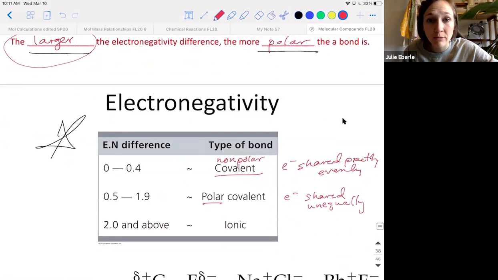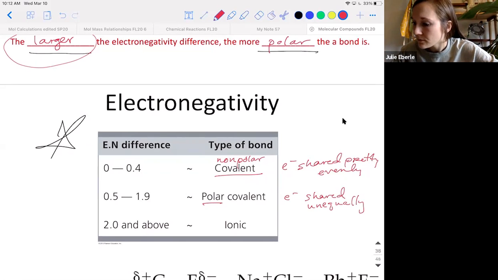Ionic bonds have extremely large ones. So on this question, if you have a bond that is non-polar, and then polar, and then ionic, the one that's ionic has the largest difference, and you would list that as the most polar. It's so polar that it's ionic, so if you have one that's ionic, that's going to have to be your choice, because the electronegativity difference is bigger than any of your polar and non-polar bonds.